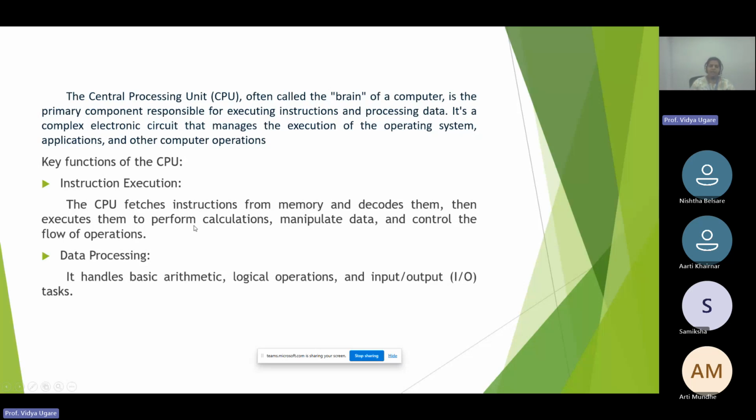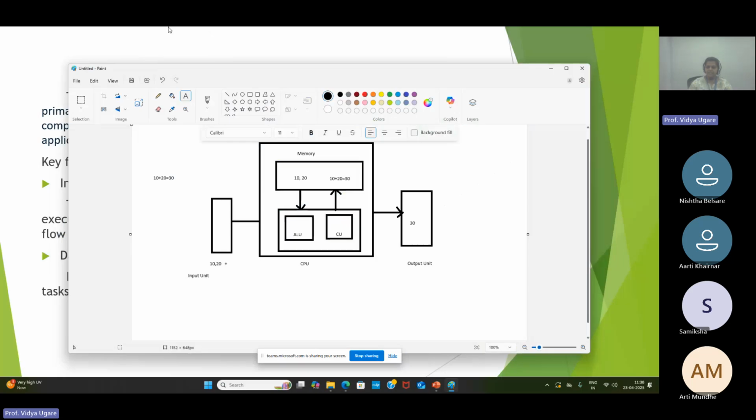Take the same example: when I gave 10 and 20 as input data, plus as an instruction, that I want to add 10 plus 20, this is my task. When I give this, I'm just sitting idle, I don't know what is happening in the background of the computer.